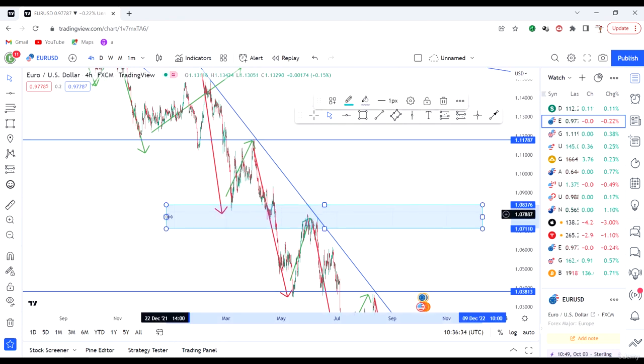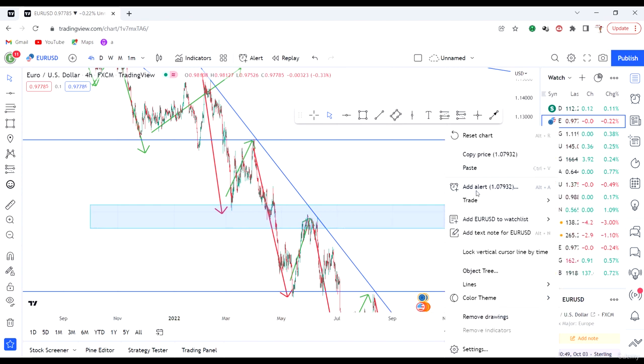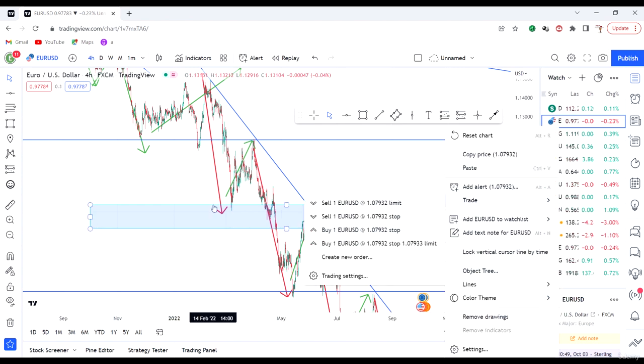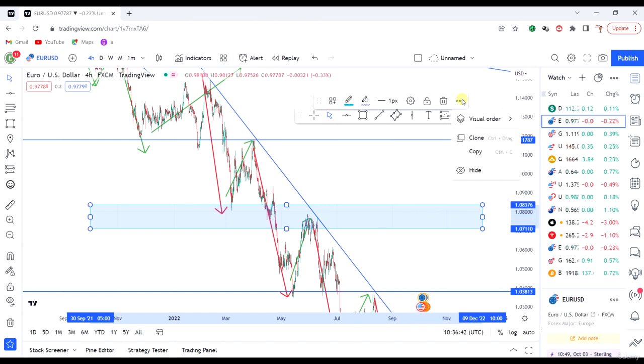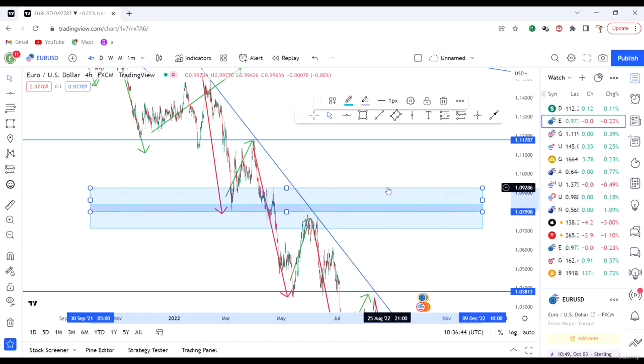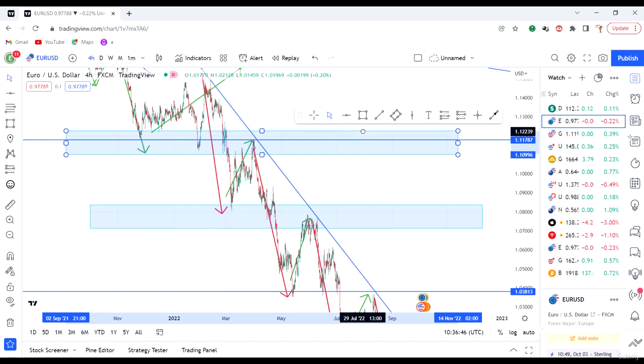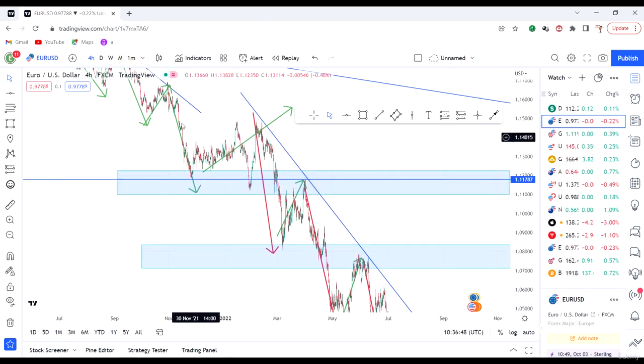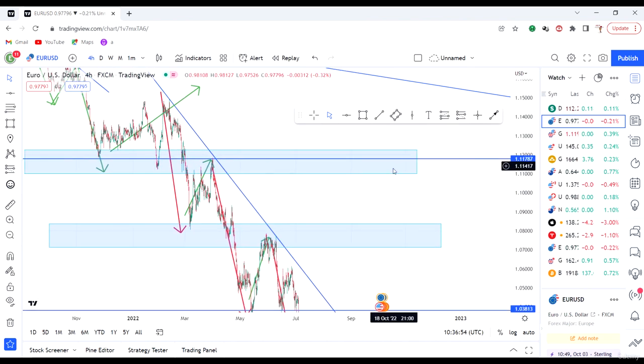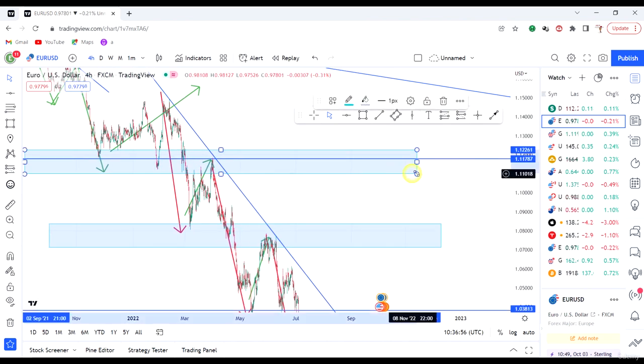I usually just make it a zone instead of a level. You can right click, clone this level, and bring it here so we can see that the market reacts around this level. So this is now a support and resistance zone. I call these zones now.